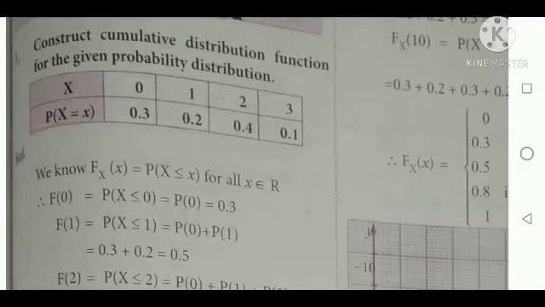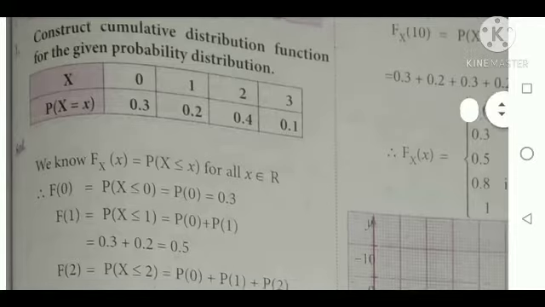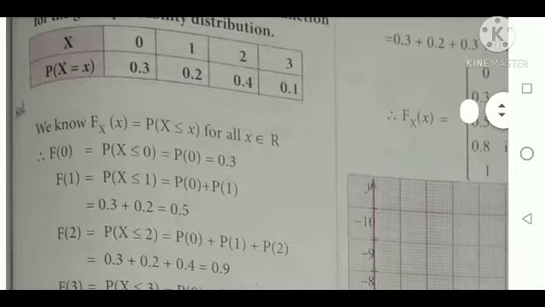Likewise, F of 1 is nothing but 0.3 plus 0.2, because here we take x less than or equal to 1, which includes p of 0 as well as p of 1. Less than or equal to 1 means 0 and 1. Therefore, p of 0 plus p of 1, that is 0.3 plus 0.2. So we are getting 0.5.